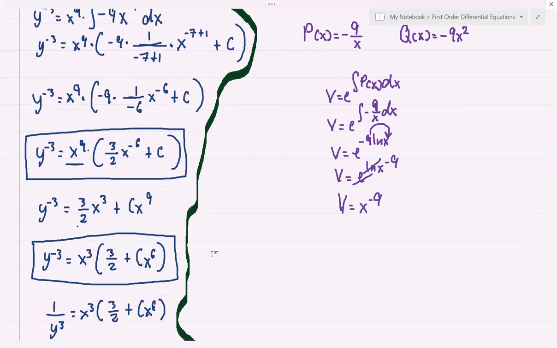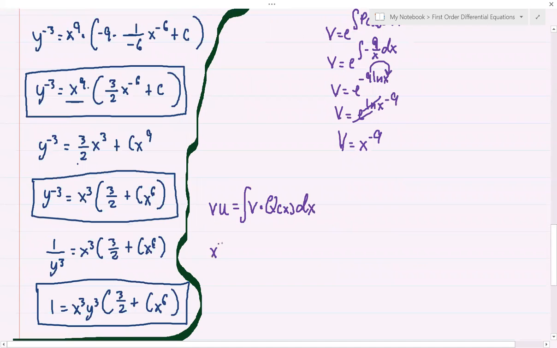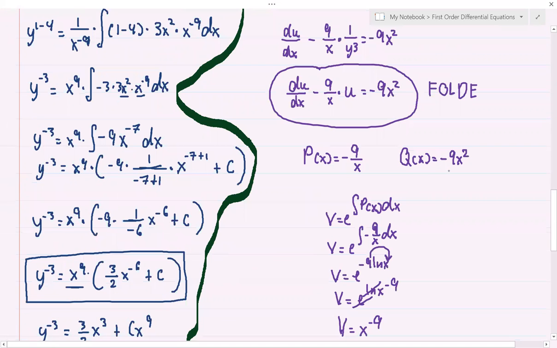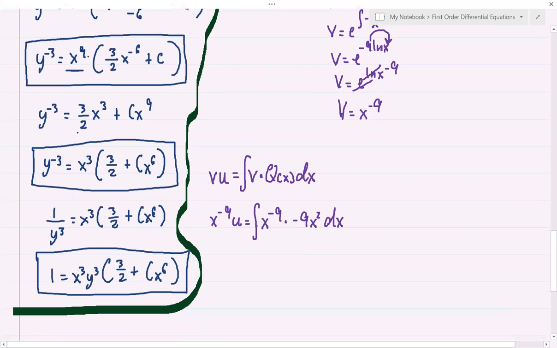Now we can find your general solution. So let's substitute. You have v as x raised to negative 9 times your u is equal to the integral of x raised to negative 9 times your q of x. Your q of x is negative 9x. So negative 9x. There you go. So now let's simplify. If you multiply this, we will have the integral of negative 9x raised to negative 7.